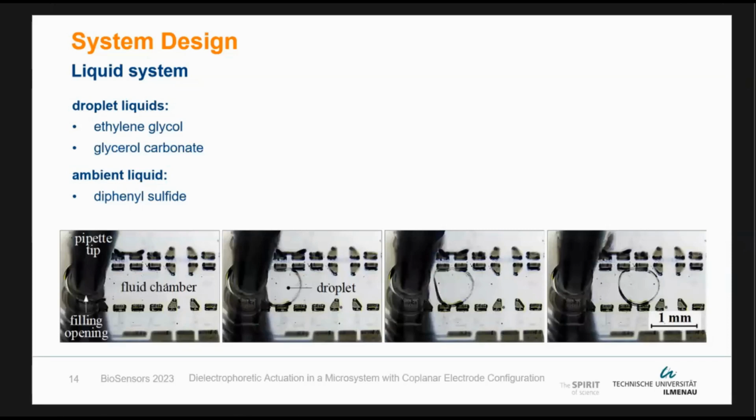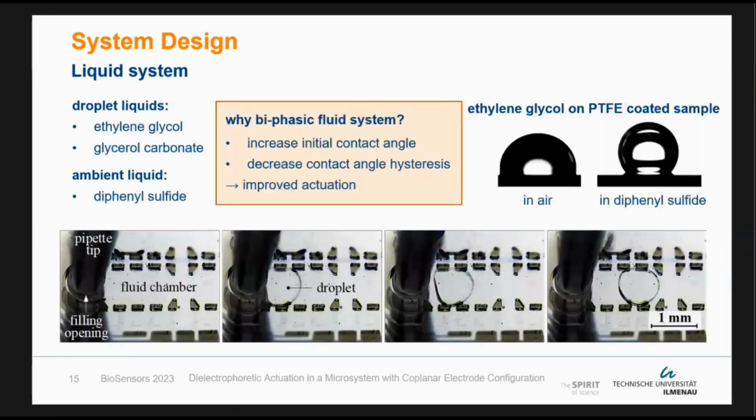So why are we using a two-phase fluid system and not single phase? This is very beneficial for actuation by electrical forces. If we have just one liquid, for example a droplet on a PTFE or Teflon coated substrate in air, the contact angle is about 90 degrees.